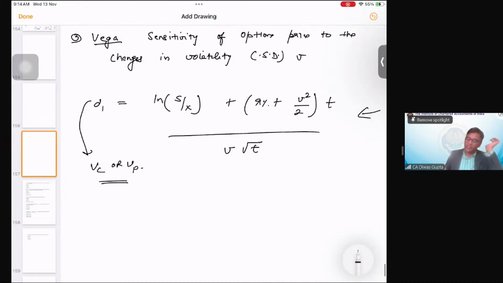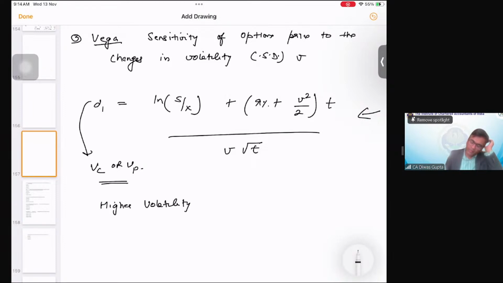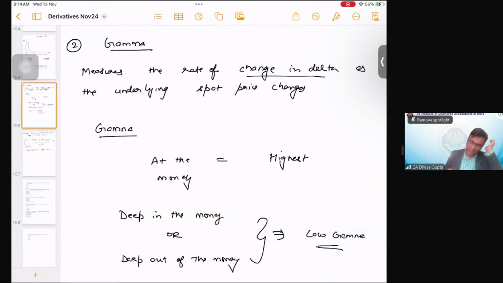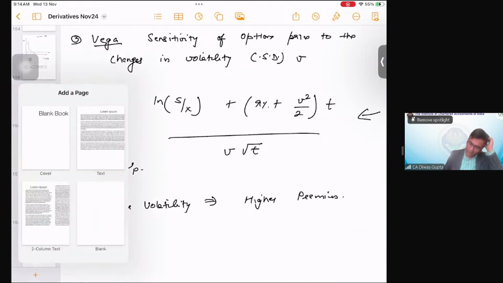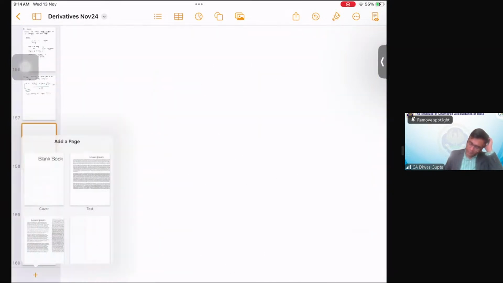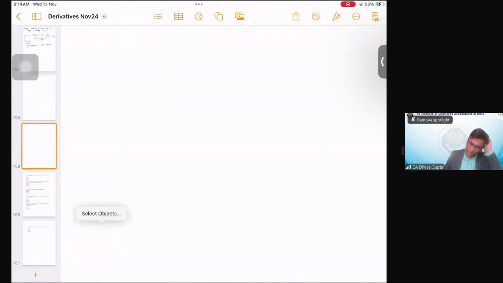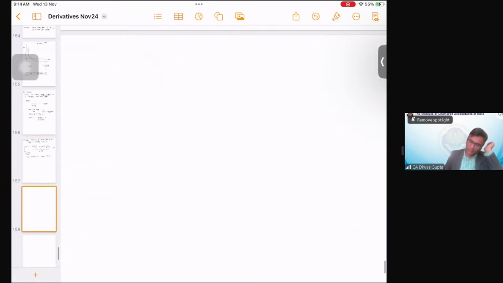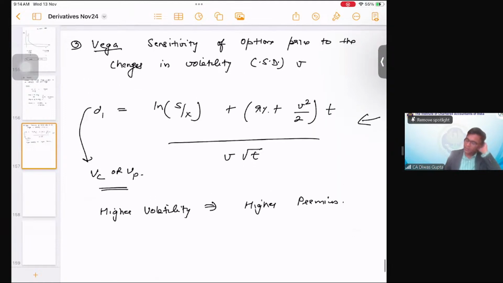And one more thing which we already discussed, higher volatility will mean higher premium because it will denote a risky situation. It will denote a higher risk. Clear, students? So vega is also clear.